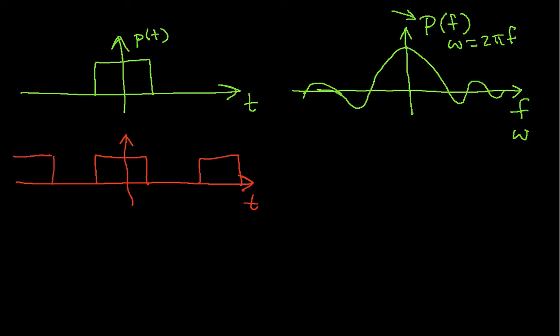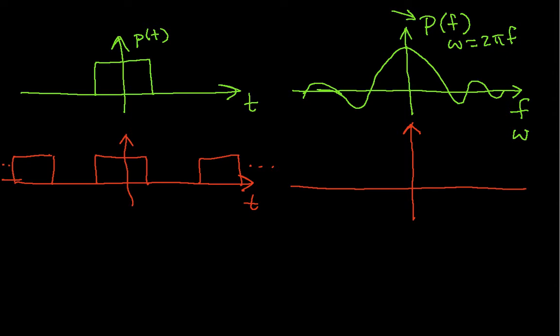So basically, in this case, I might have these pulses, and they started at minus infinity, and they're going out to infinity. And the Fourier transform, in this case, is actually going to be what we call a Fourier series.